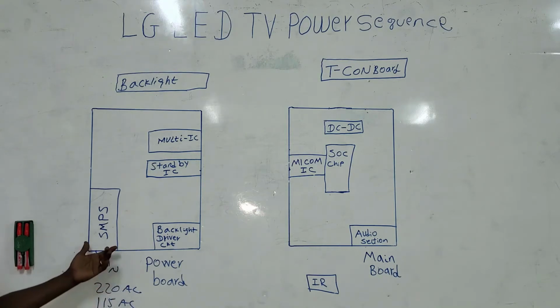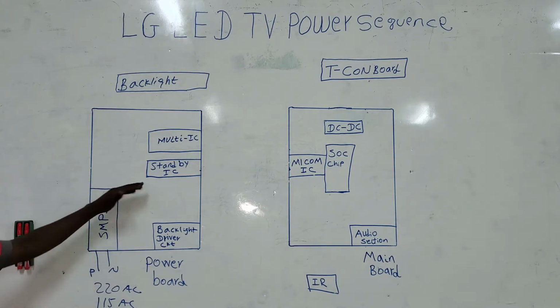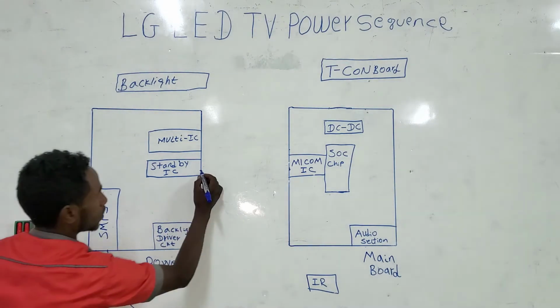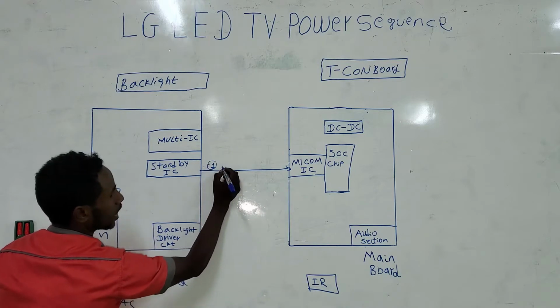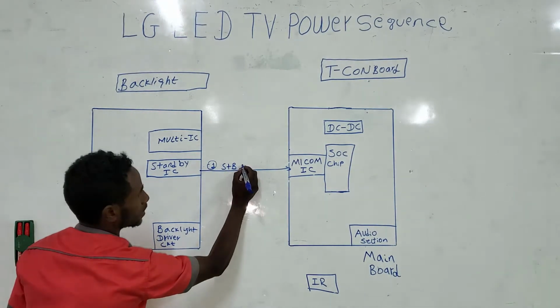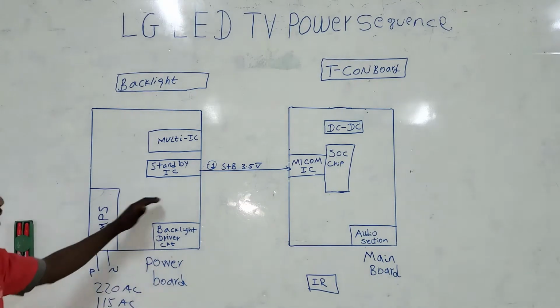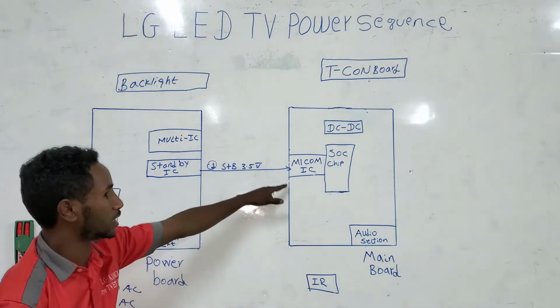Whenever we provide this input voltage to the power supply, the first thing that we need to have is a standby output voltage, that is 3.5 volts. So our first testing point, number one, is the STB standby voltage, which is 3.5 volts DC, okay?